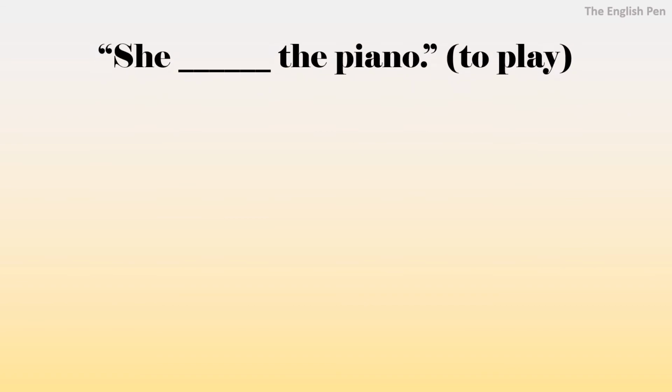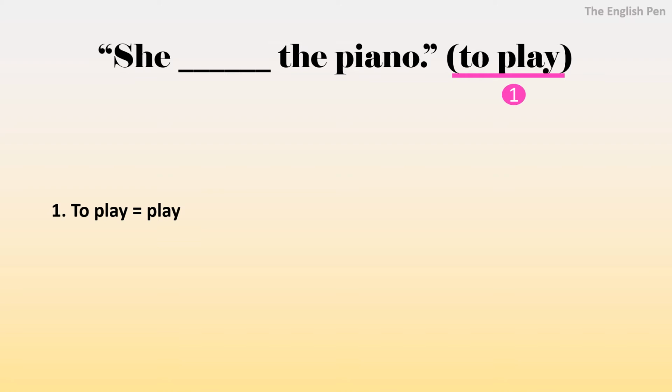Now, let's practice. In the following sentence, we have: she blank the piano. We need to put the correct form of to play into the blank space. The first step is to take the base form of the verb, which is play.